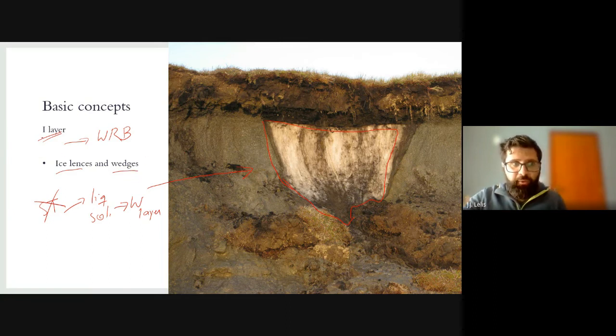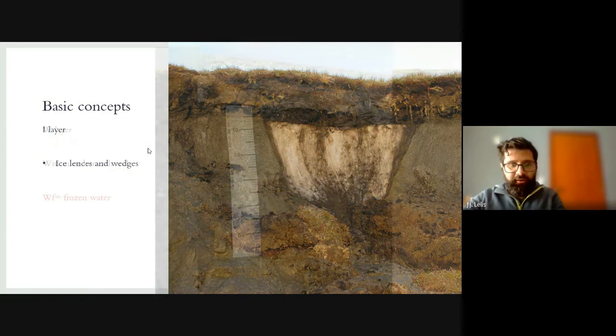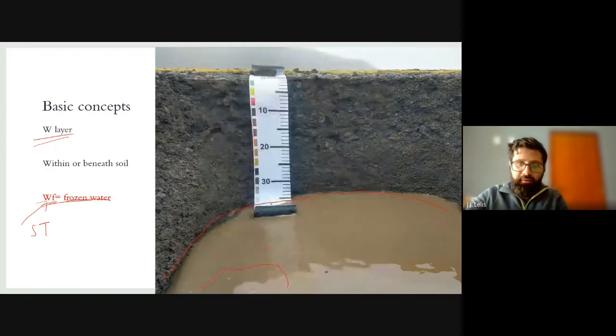Okay, so the I layer is the solid water layer in the subsurface soil, and the W layer is the liquid layer according to the WRB. Okay?